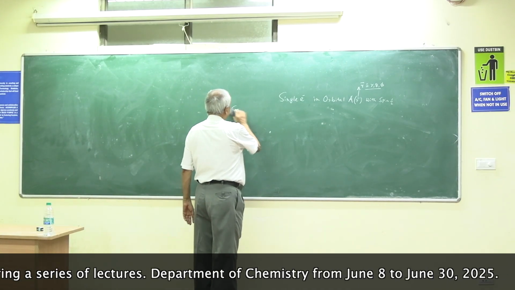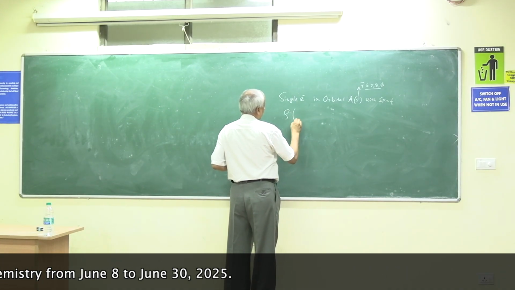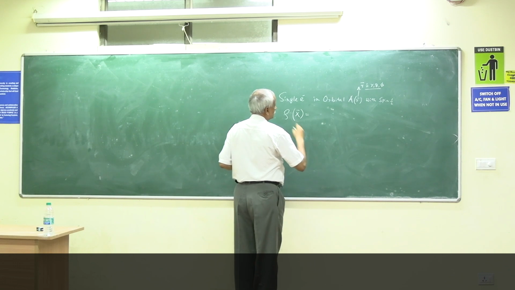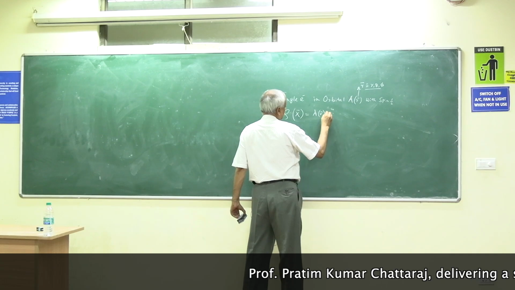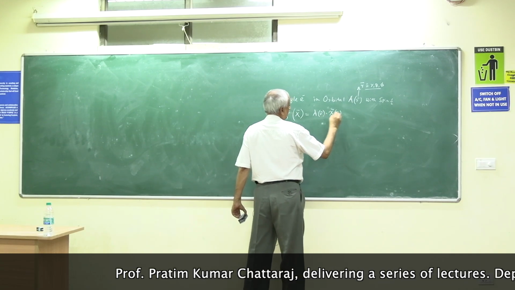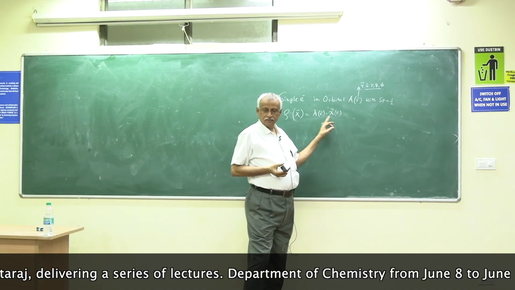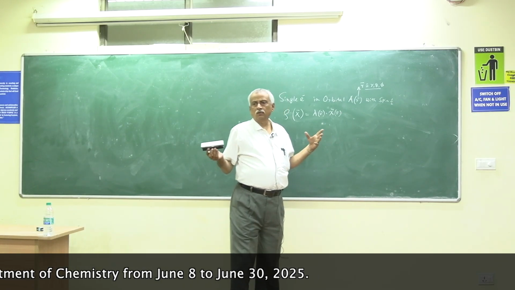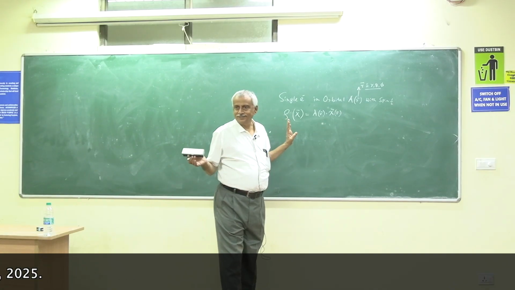So this would be some χ(σ), which may be alpha or beta. This is a spin function, and this one is your ordinary orbital. So basically this is your spin orbital, nothing else, isn't it?